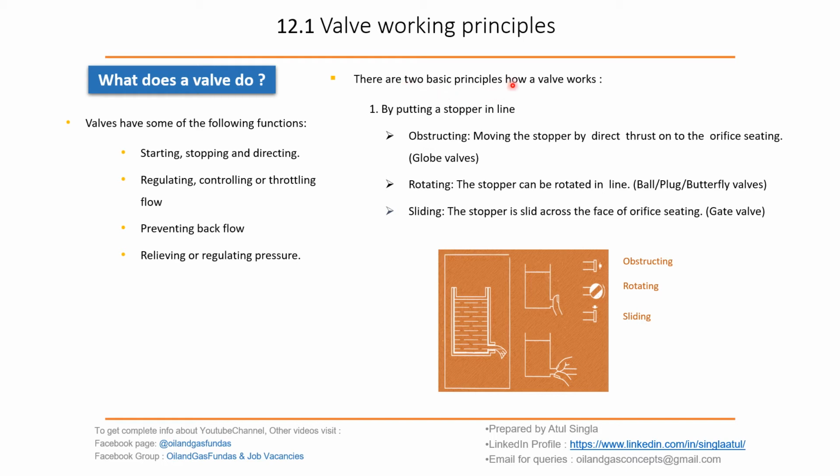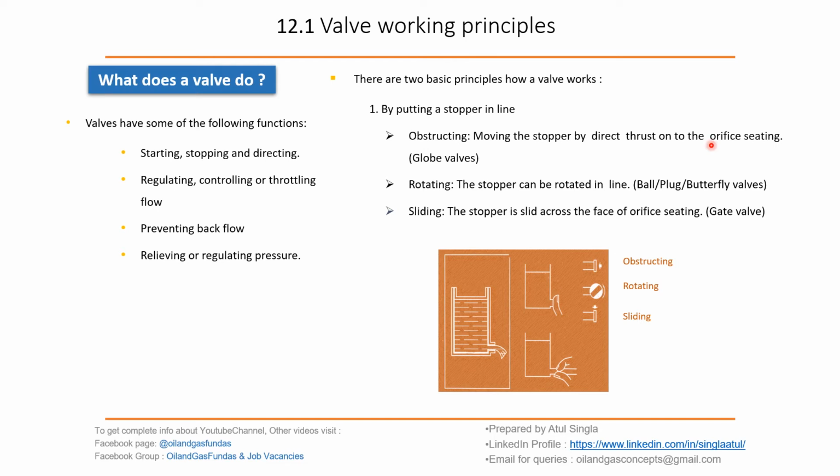There are two basic principles based on which a valve works: by putting a stopper in a line. If we put a stopper in a line, it will obstruct the flow. It can have a rotating impact and a sliding function. So obstructing means moving the stopper by direct thrust onto the orifice seating. If the flow is going like this and we obstruct it, then it will stop.